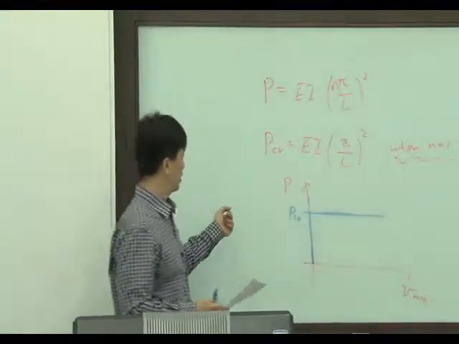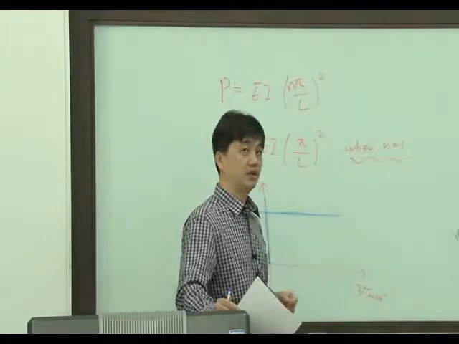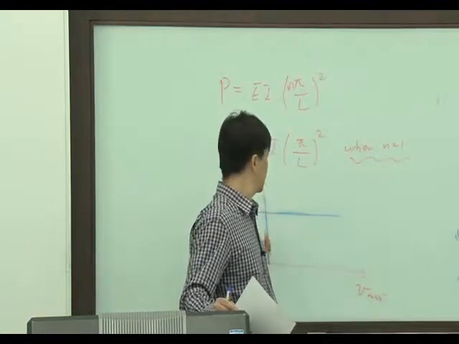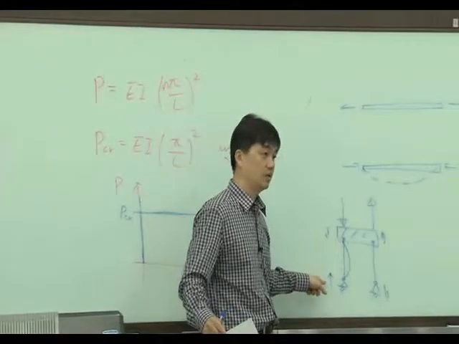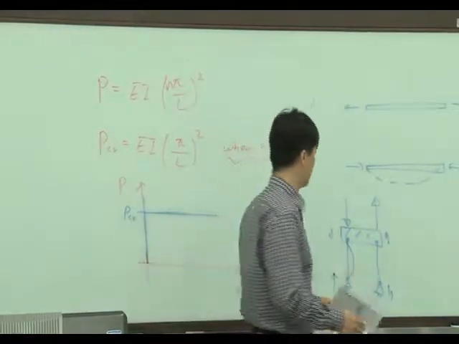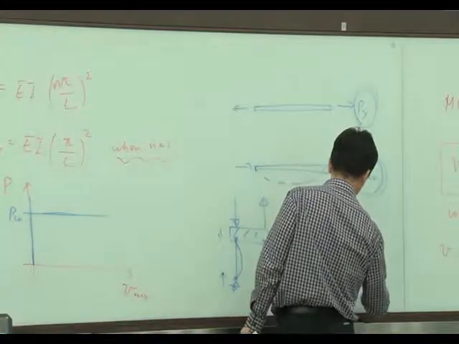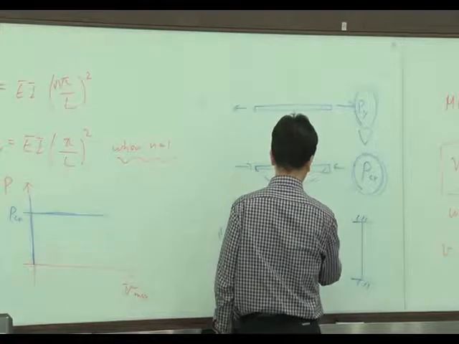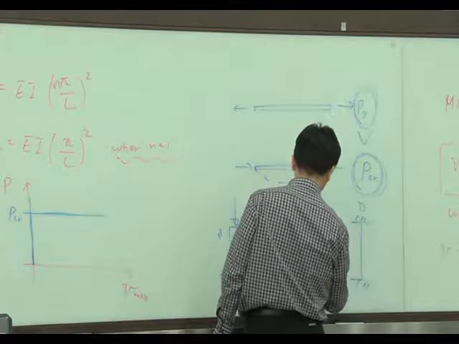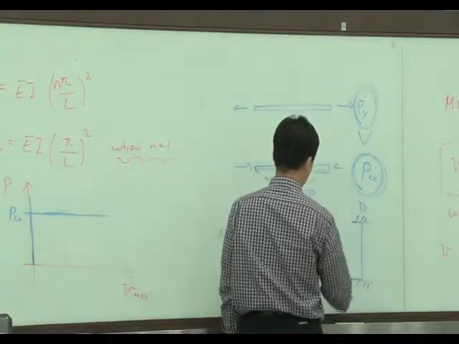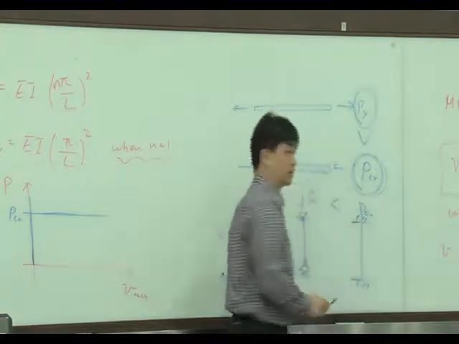Actually, the buckling load depends on the boundary condition. Here I considered the pinned case, both hinged, right? But it depends on the boundary condition. So for example, for the both-rigid case, compared with the both-pin case, the buckling load PCR is bigger.